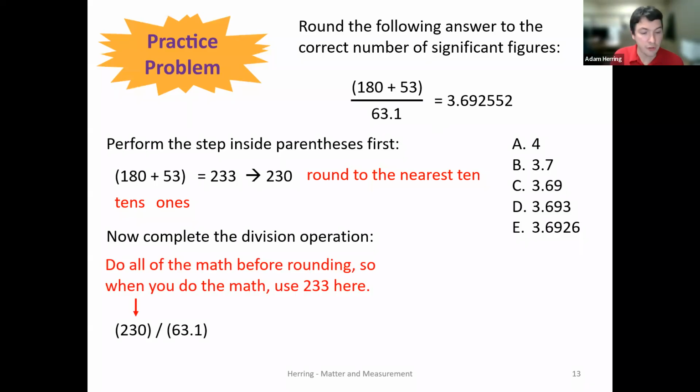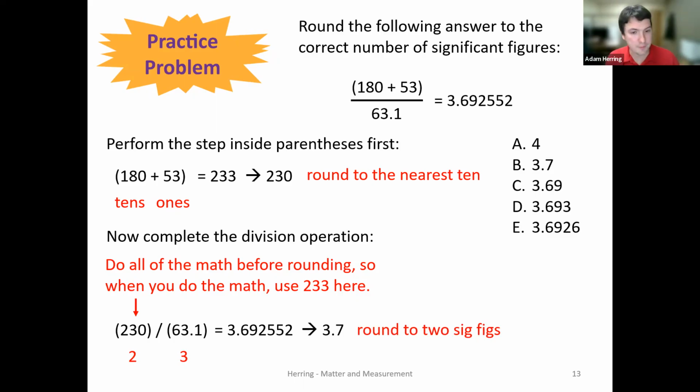So we take 233, divide by 63.1, we get 3.692552. The least number of significant figures would be 2 due to the 230. And because there's 3 digits there, our final answer should have 2 significant figures, and the final answer is 3.7.